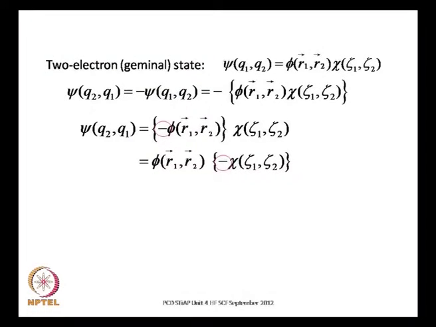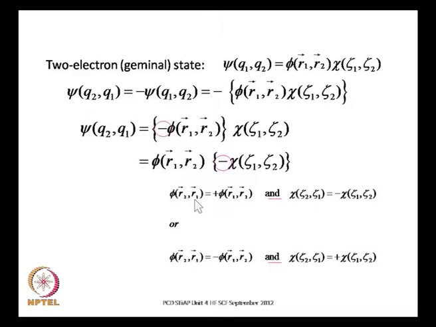So, this is what we have got, and you have the antisymmetry contained in this minus sign associated either with the orbital part or with the spin part, and these are the 2 possibilities, that phi r2 r1 is equal to plus phi r1 r2.